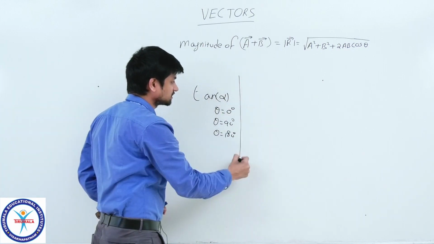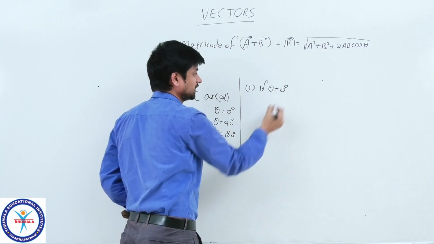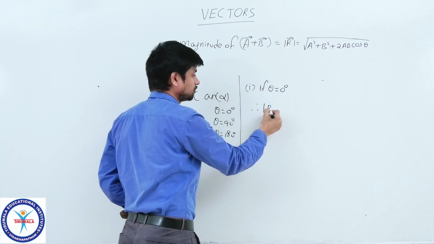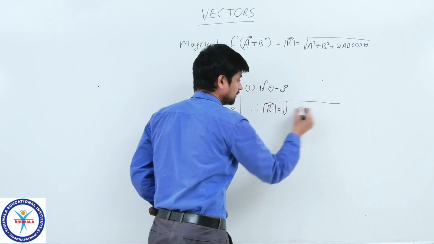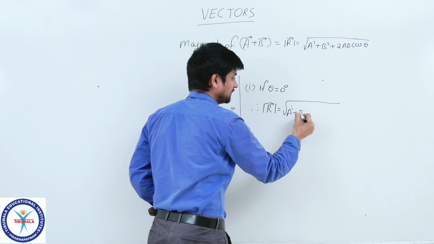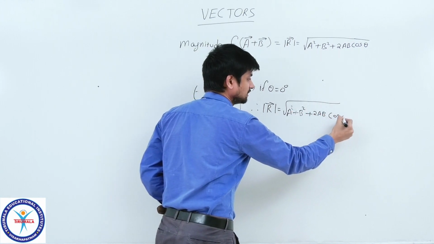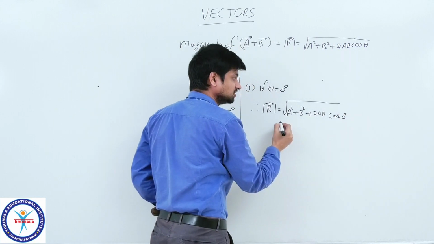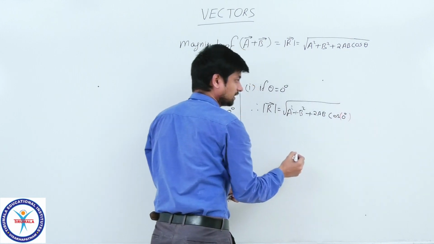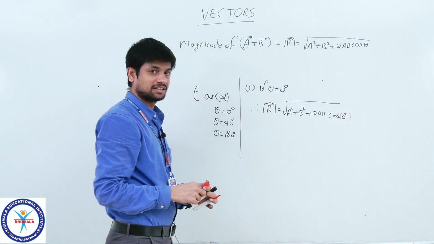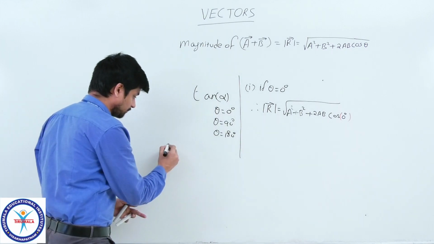The first case, children: if theta equal to 0 degrees, then the magnitude of the resultant vector equals root of A square plus B square plus 2AB cos 0 degrees. What is cos 0, children? Cos 0 value is 1. From the graph it has already been explained.